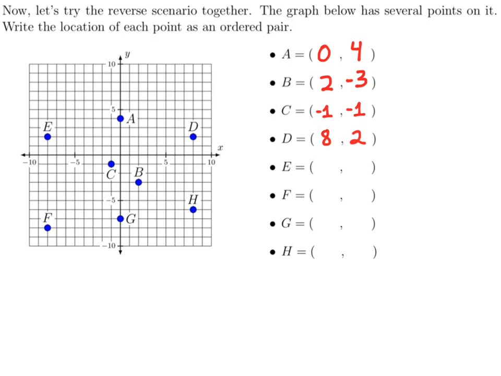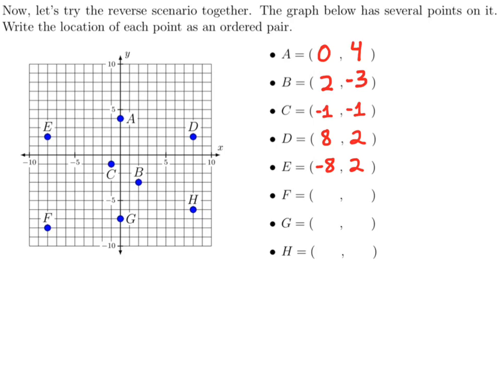So 8, 2. Point E, from the origin point, left 8 but up 2: -8, 2. Perhaps you noticed I had D and E. They kind of look similar, but D is to the right, so it's positive on the x coordinate, the first number. E is to the left, so it's negative on the first coordinate, the x coordinate.